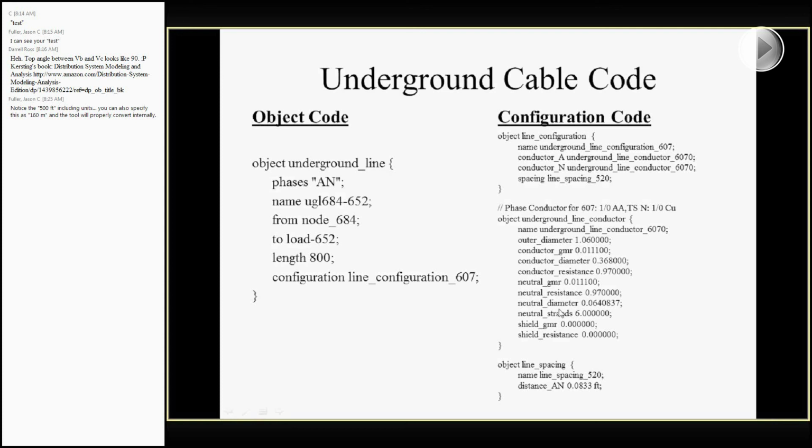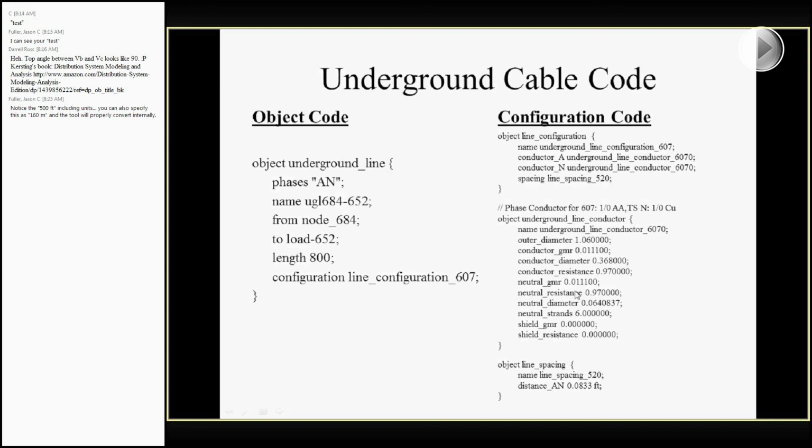Neutral resistance, neutral diameter, the number of strands, so if there's 6 or if you have 20 of them, that'll depend on your individual cable. And then if there's any shielding, you can include the shielding resistance and then the geometric mean radius on those as well. If I remember correctly, the shield GMR and resistance only comes into effect if you want to factor in the capacitance of the system, but I'd have to go look that up for sure.